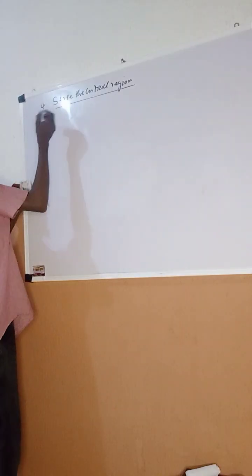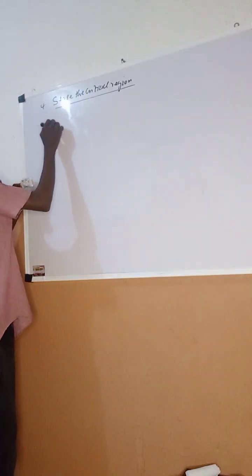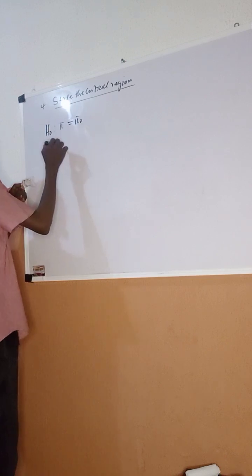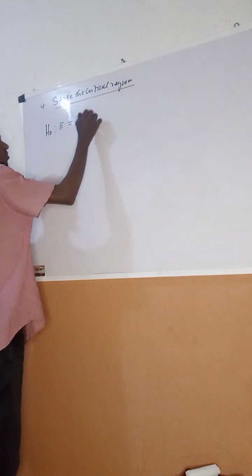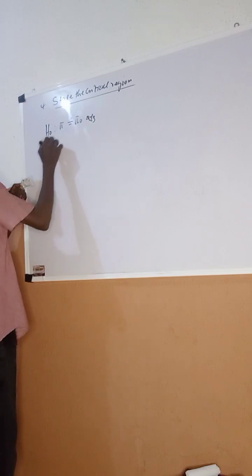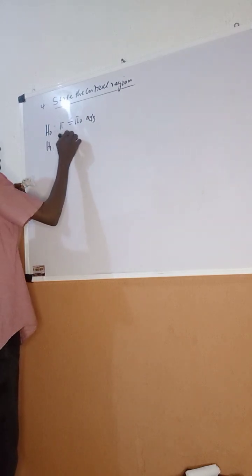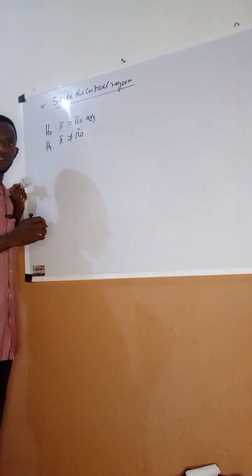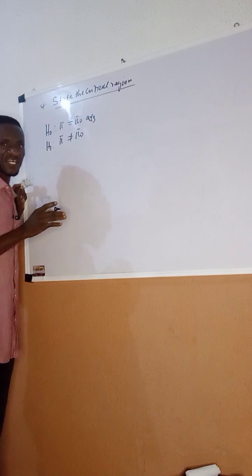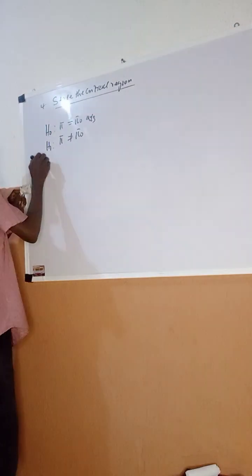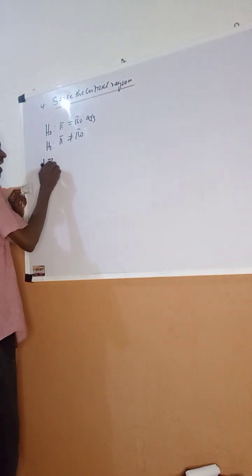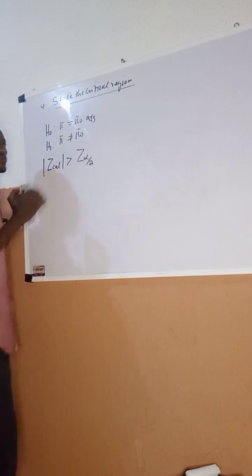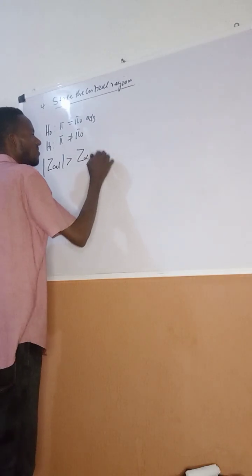So when I have a hypothesis this way, H subscript 0 that pi equals pi 0, against the alternative H subscript 1 that pi is not equal to pi 0, we call this a two-tailed test. And when this happens, the critical region is going to be the absolute value of z cal greater than z of alpha over 2, reject H0.